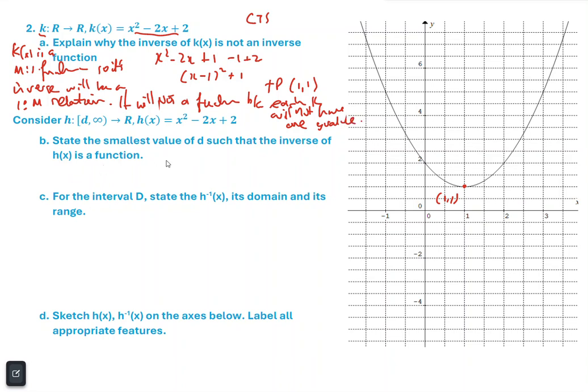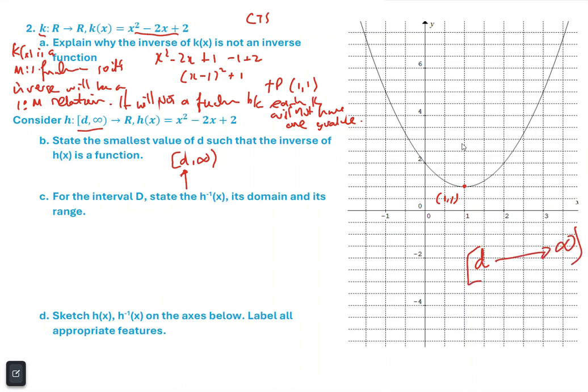Okay, now I need to restrict the domain, but the way I need to restrict the domain is to restrict it to that interval. And there's only one answer for D, and it's got to be the smallest possible value of D. So, unlike the previous question where you could have chosen either side, I need to go from D to infinity.